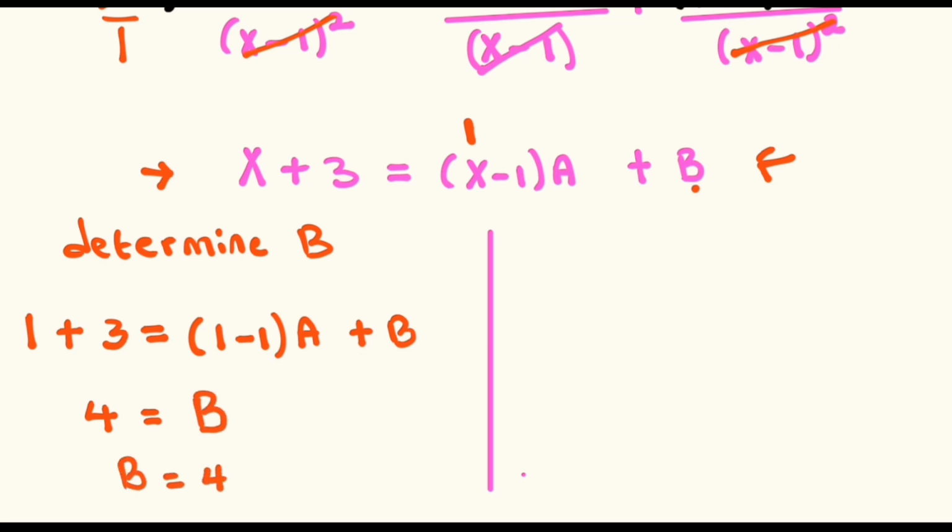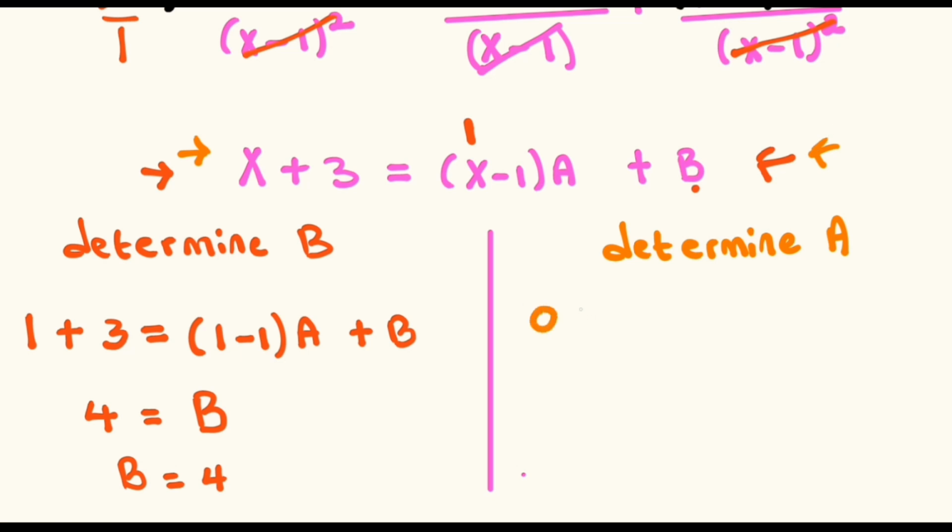So since b is equal to 4, on this side we determine the numerical value of a. We can let x be equal to any number, so let's choose a small number like 0. In this equation we substitute 0.